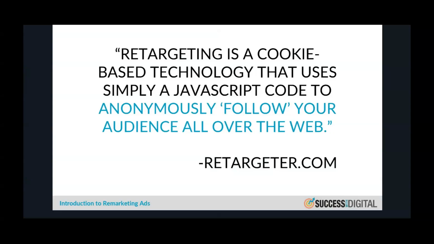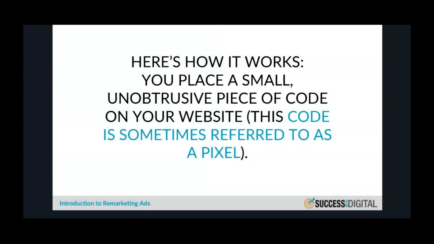Facebook also allows you to build audiences based off of other actions, such as engaging with your Facebook page, watching your videos, and that type of content. So it's unobtrusive. It's just a little bit of code. And that bit of code is often referred to as a pixel. And that's what we'll be referring to it as we move forward.